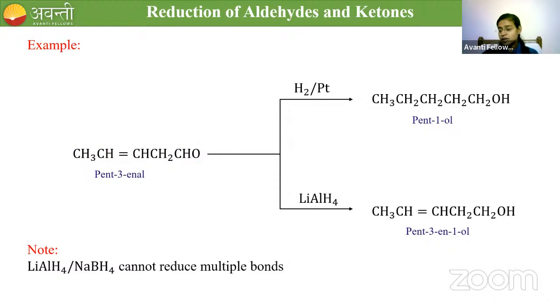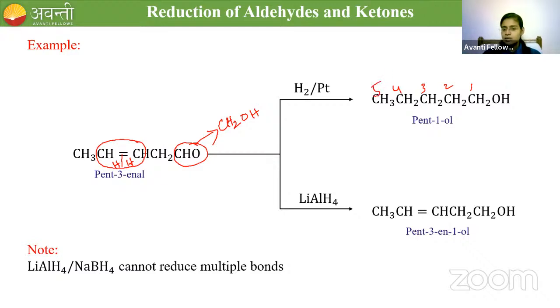Hydrogen and platinum can reduce both the double bond as well as the aldehyde. The aldehyde, as usual, when reduced will form alcohol. And when the double bond is reduced, hydrogen gets added like this and forms CH3, CH2, CH2. So we get pent-1-ol, 1, 2, 3, 4, 5. So it is pent-1-ol or pentanol.